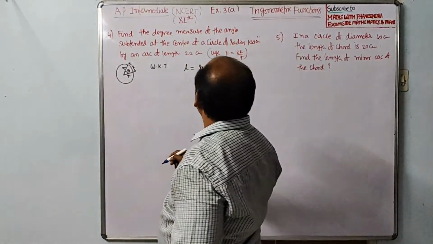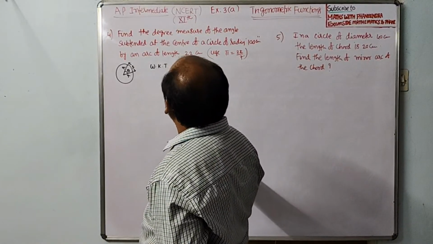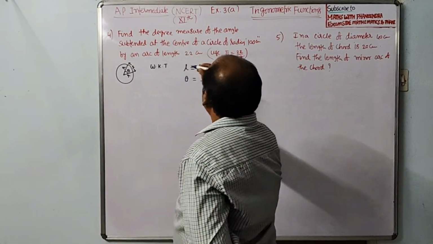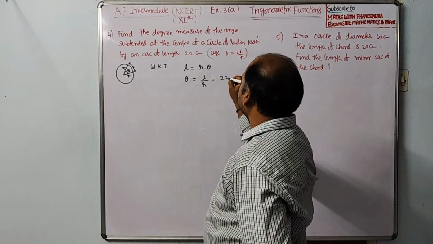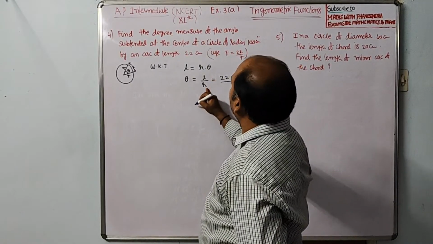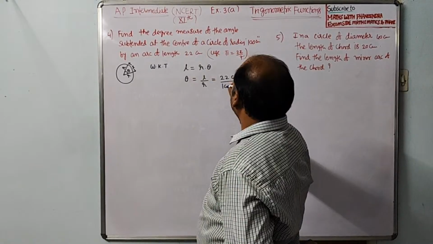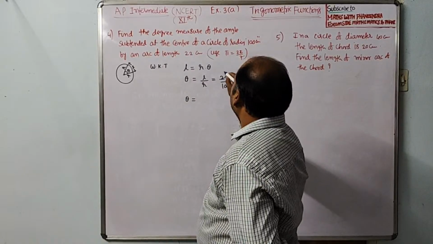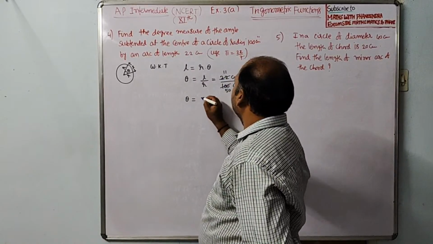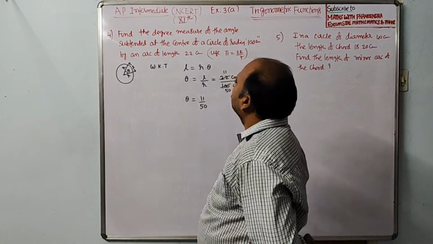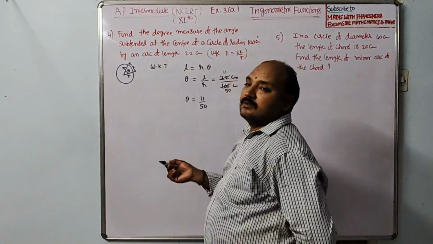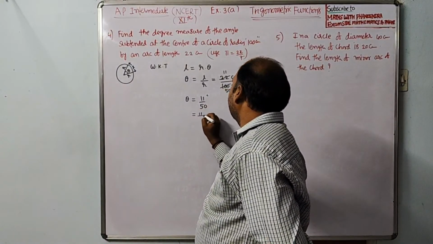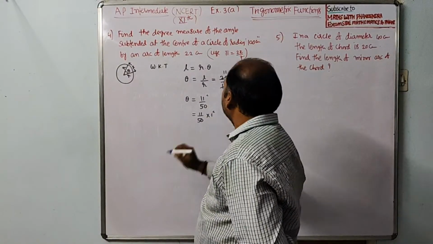They are asking to find the degree measure, so theta makes subject L by R. L is the length 22 centimeter divided by R 100 centimeter. So theta equal to 11 by 50. So this is the radian itself, no? So 11 by 50 into 1 radian.